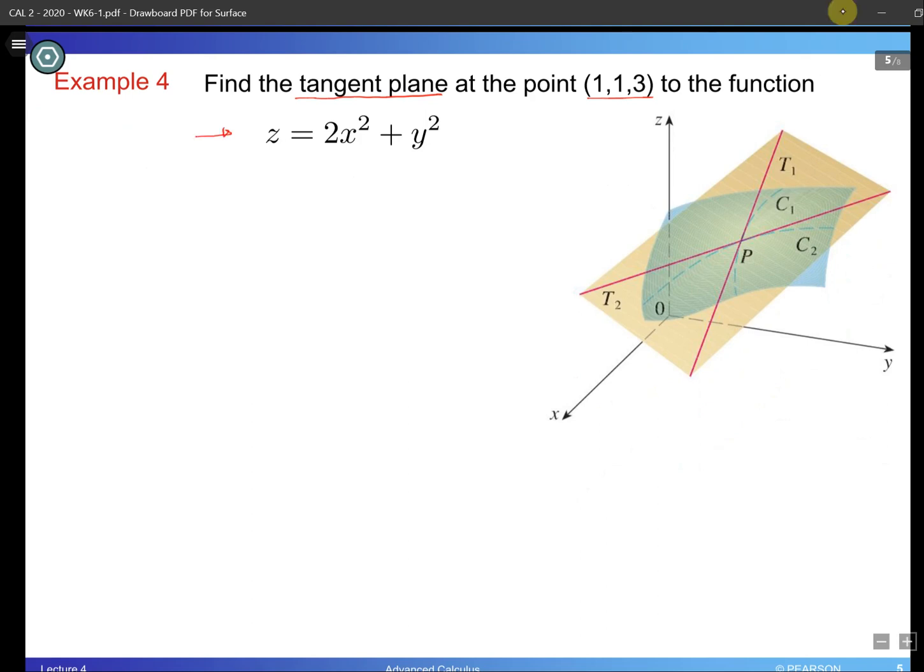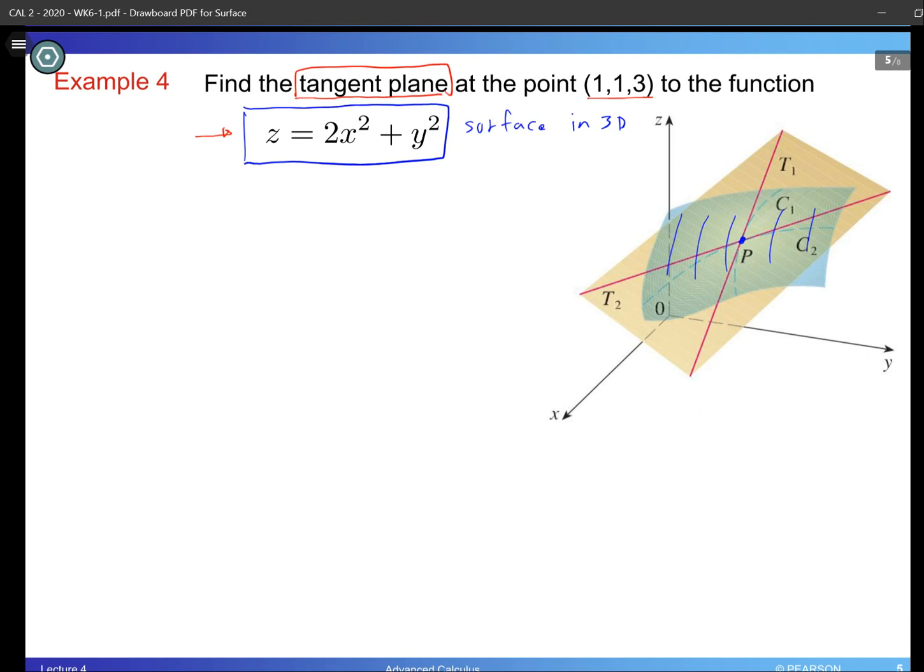Let's take a look at this function right here, and keep in mind that we are looking at a surface in 3D, and it's represented by this blue surface right here. And what we need to do is find the tangent plane, which is going to be barely touching the point 1, 1, 3 on this surface, and it's going to be tangent to this surface.